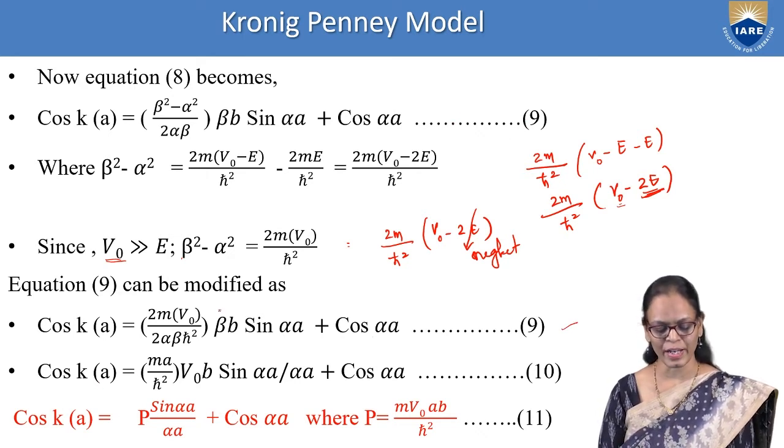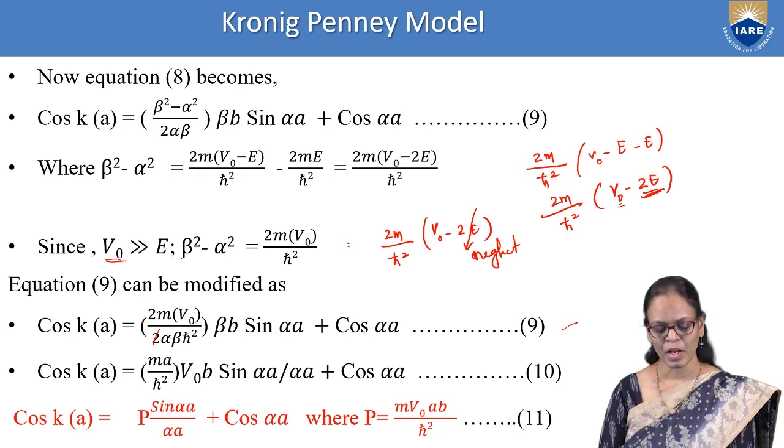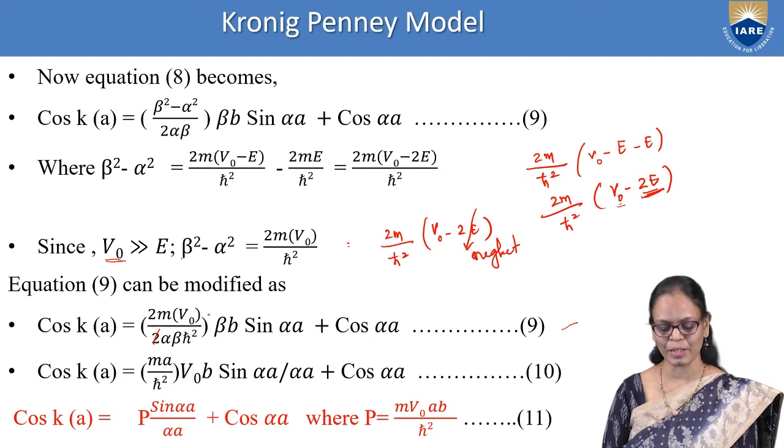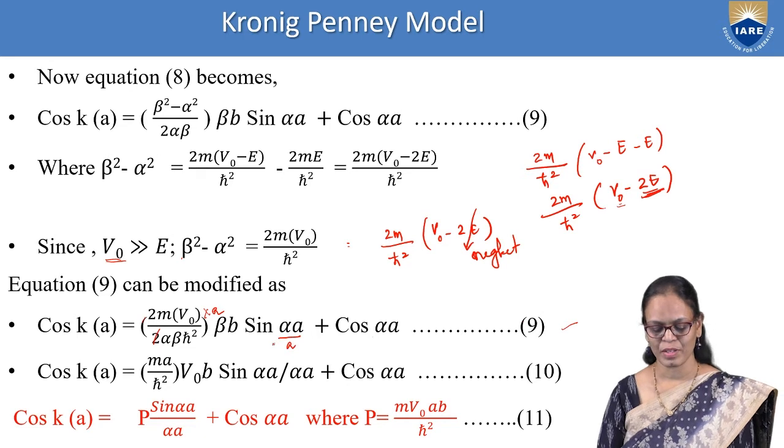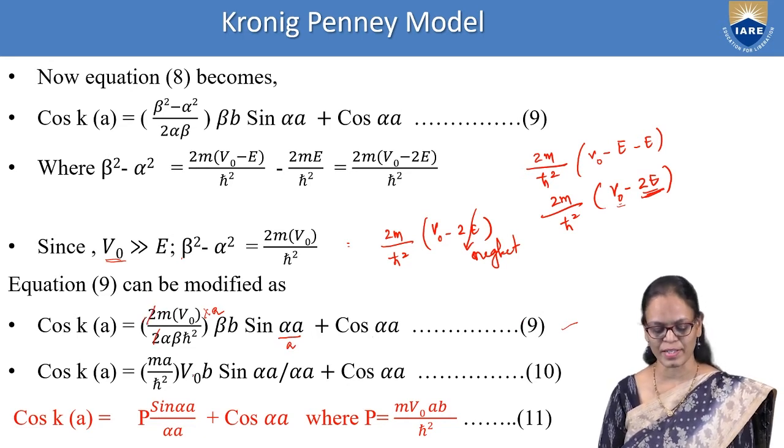Now cos ka can be further simplified. The 2 will get cancelled here. If we write m, multiply and divide with a. So what I have here is ma, 2 and 2 got cancelled.